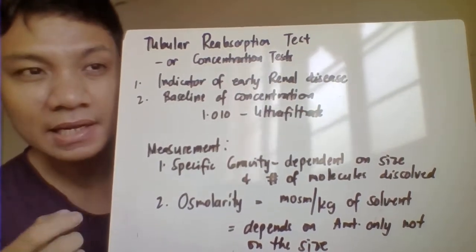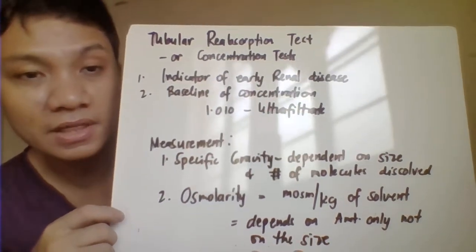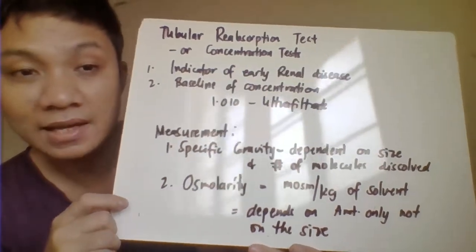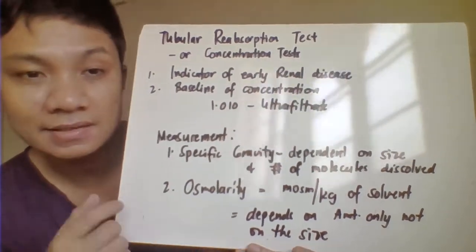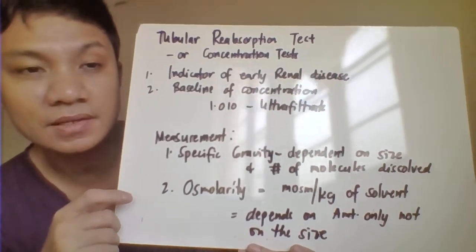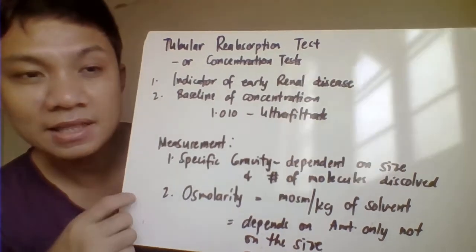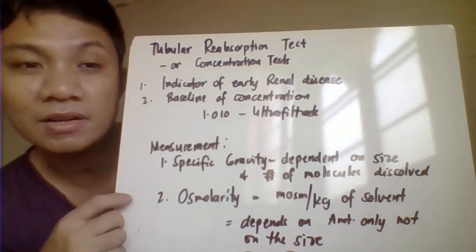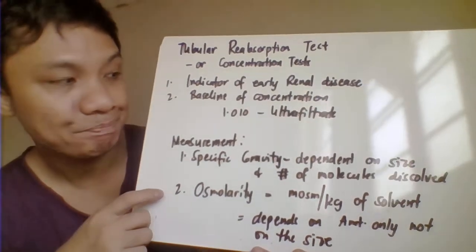So pag early renal disease, your glomerular filtration rate is not a good indicator because it could not assess the patient having an early renal disease. Again, your glomerular filtration rate could assess only patients already having the disease. Pero pag early detection, hindi siya pwedeng gagamitin. Hindi siya ganun ka-sensitive as compared with your tubular reabsorption test.